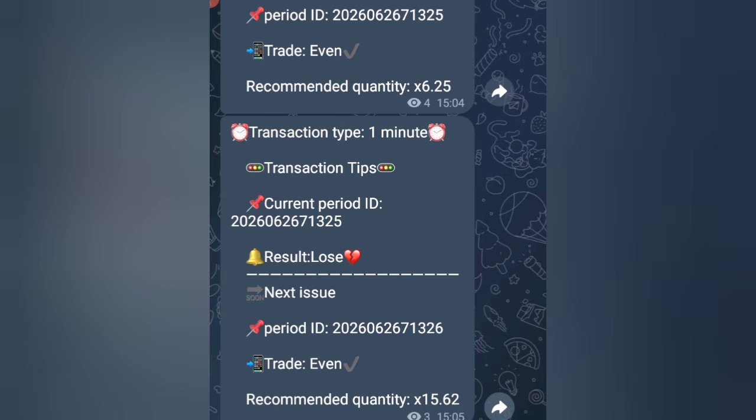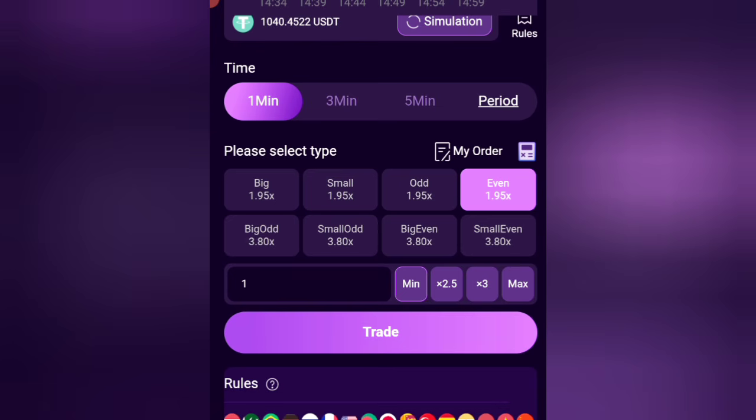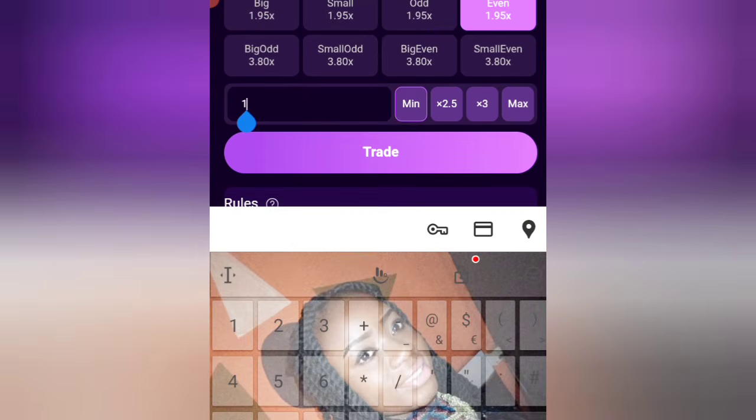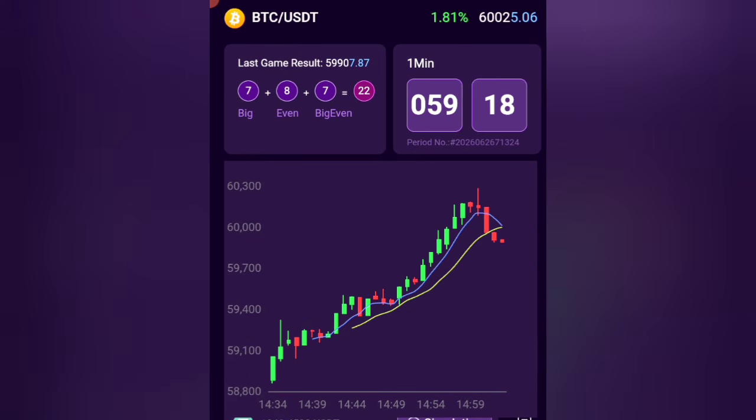The signal is even. I'll come here, trade even, under 1 minute, and enter the amount, which is 0.49. I hope I've not exceeded the time. Oops.